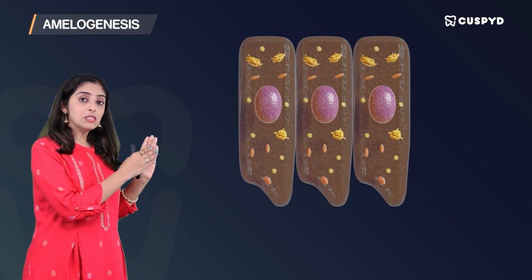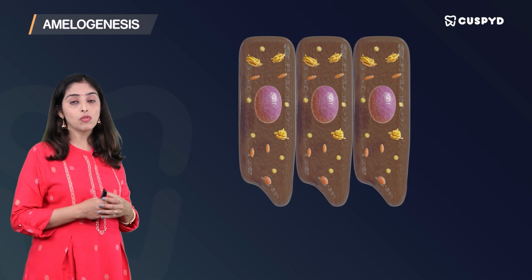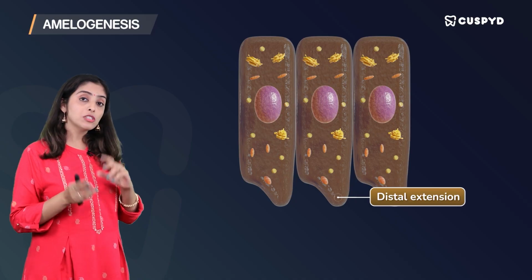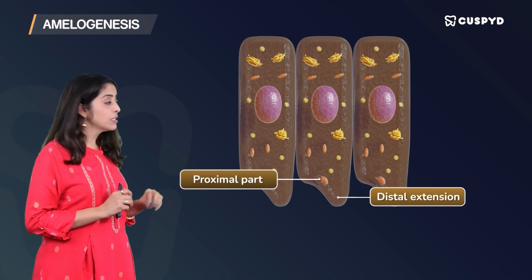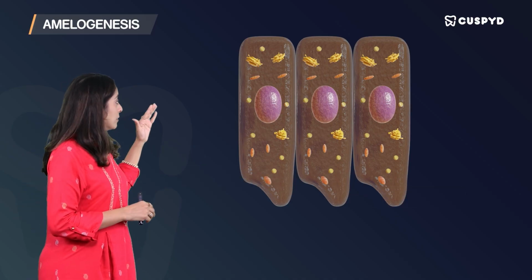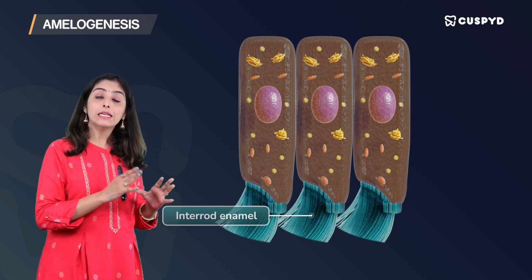This Tomes process shows one more extension, which is called the distal extension of the Tomes process. So, now the Tomes process also has two parts. One is the proximal part of the Tomes process and one is the distal extension of the Tomes process. The proximal part of the Tomes process will form the interrod enamel.